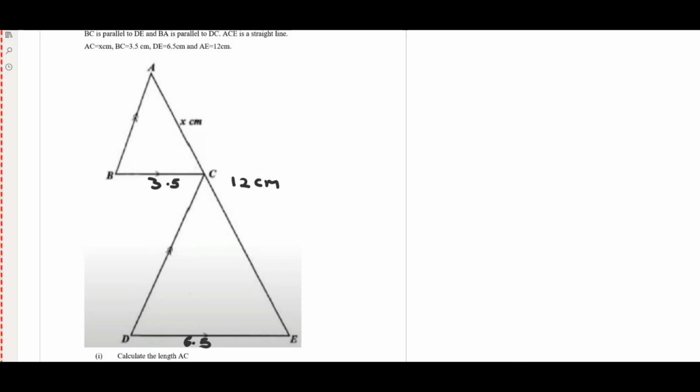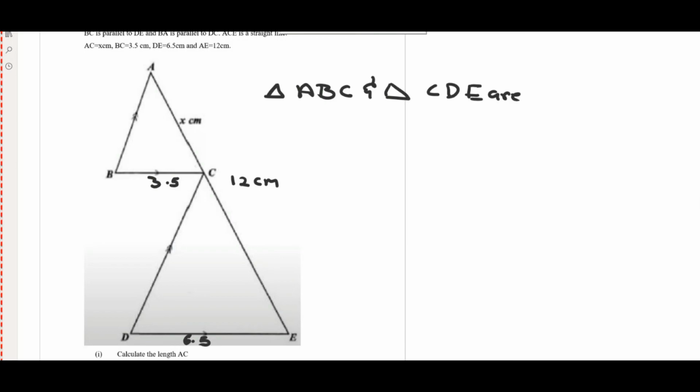Now, because they are made up of these parallel lines, we say that triangle ABC and triangle CDE are similar triangles. What does that mean?